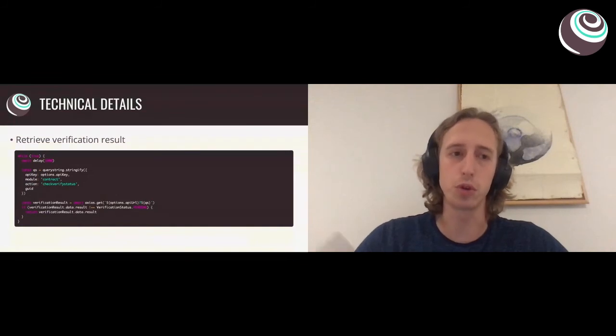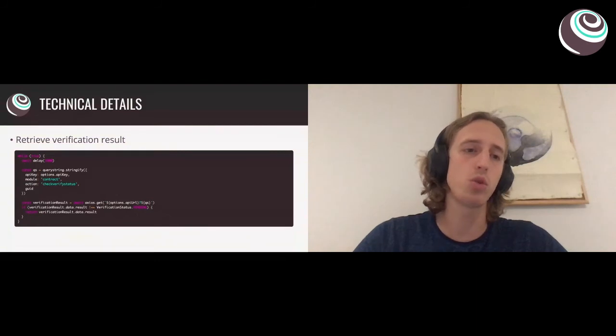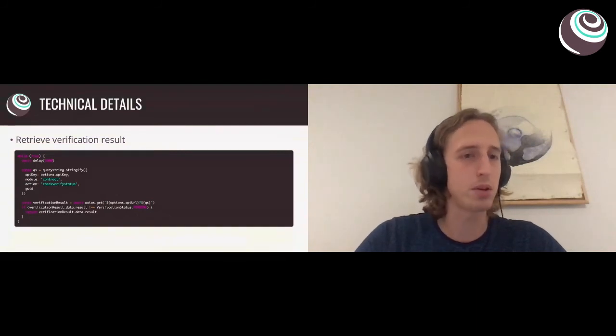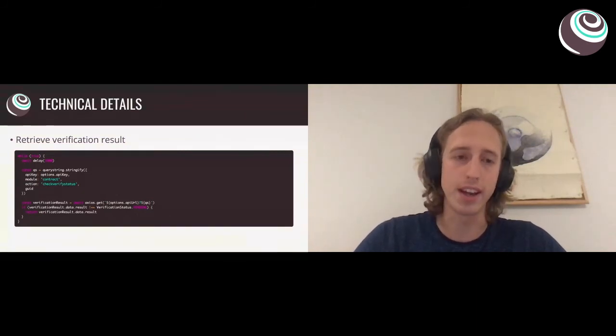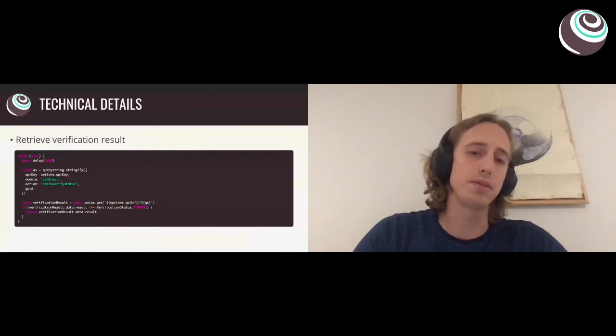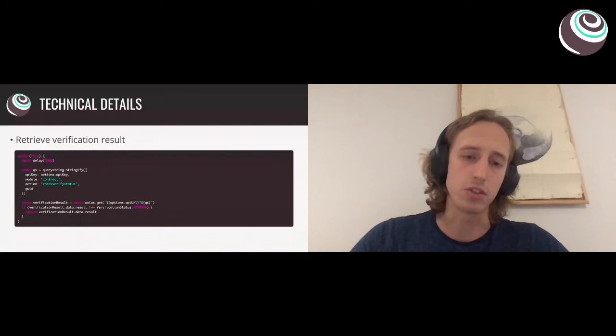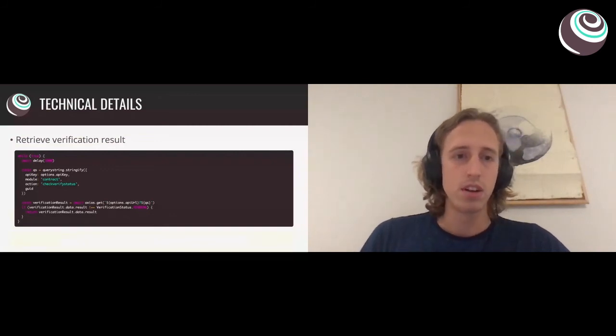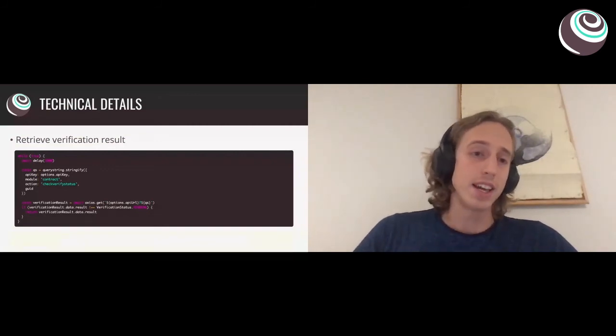So you have to poll for your verification status. And so we just do that every second in the plugin. So every second we poll again until the verification status is no longer pending. And at that point, we return the status. That's basically it.